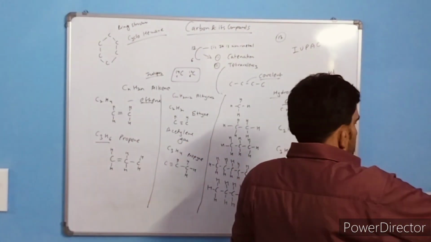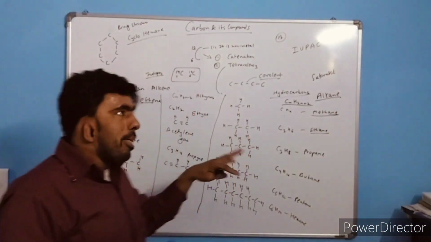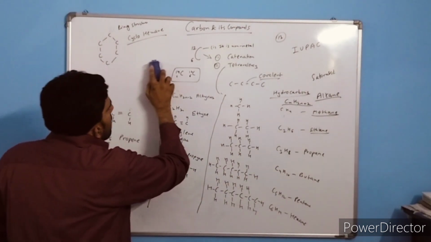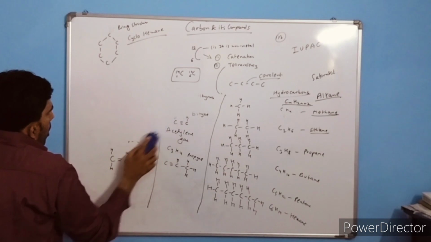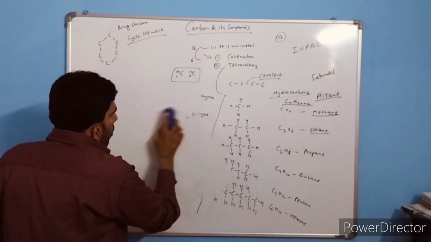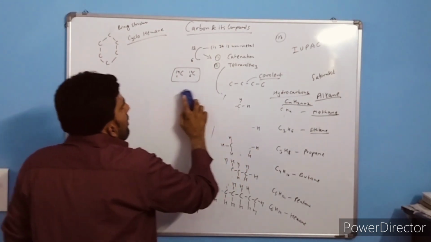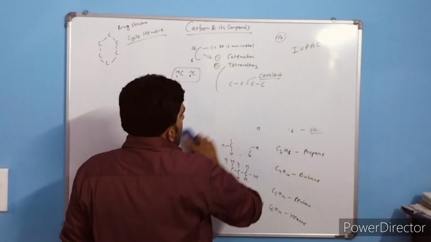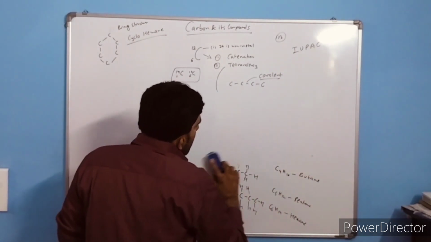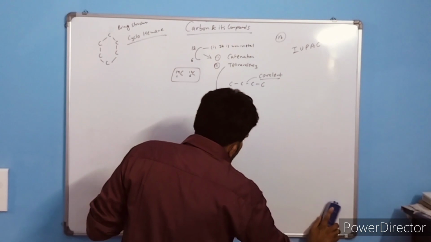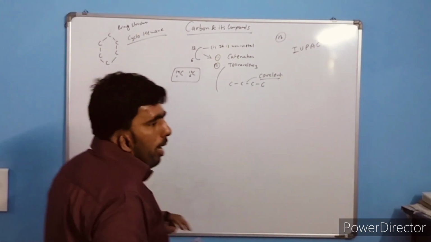We will see how the naming will change according to it. Let's move to this. We'll discuss one by one all the structures, all the functional groups, and how the naming will change according to it. But we have only a few. I think only 5 functional groups we will discuss here for this 10th class, and furthermore will be in higher classes.